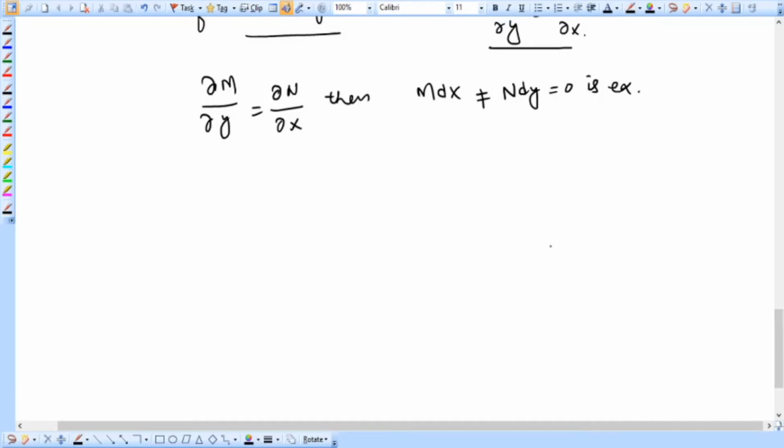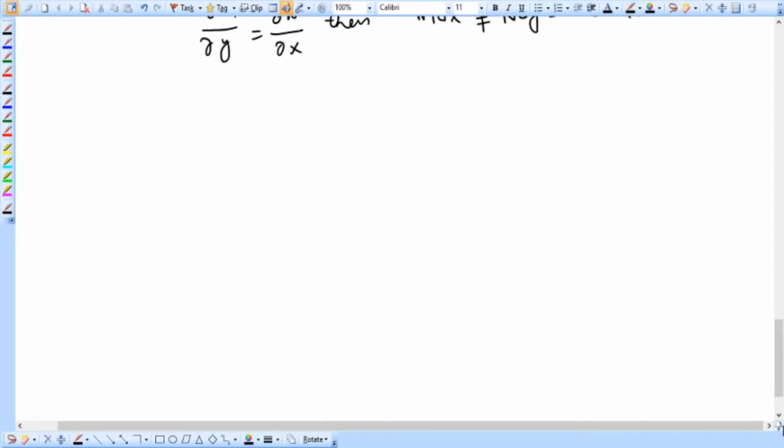So this is what we meant by the necessary and sufficient condition. Now we are going to prove the theorem. So, proof.